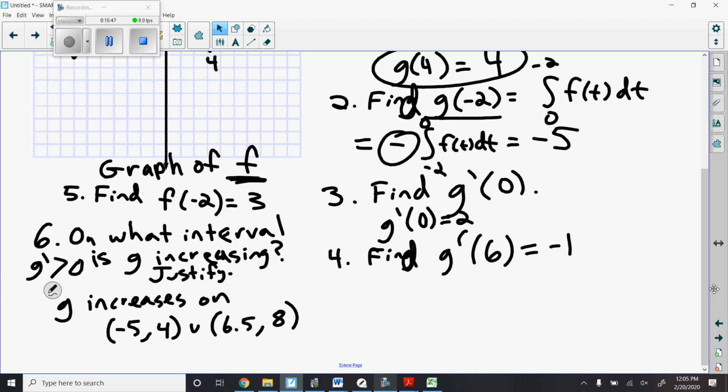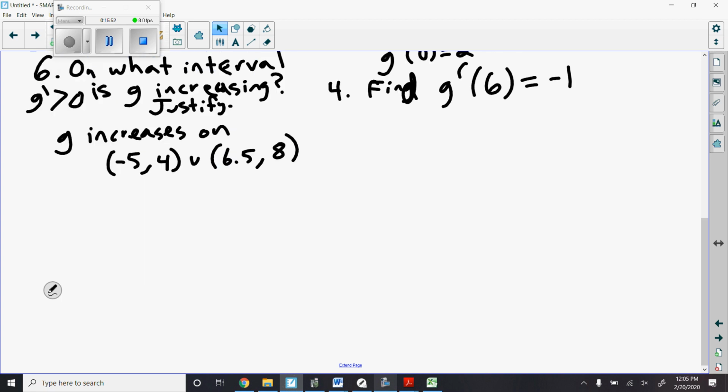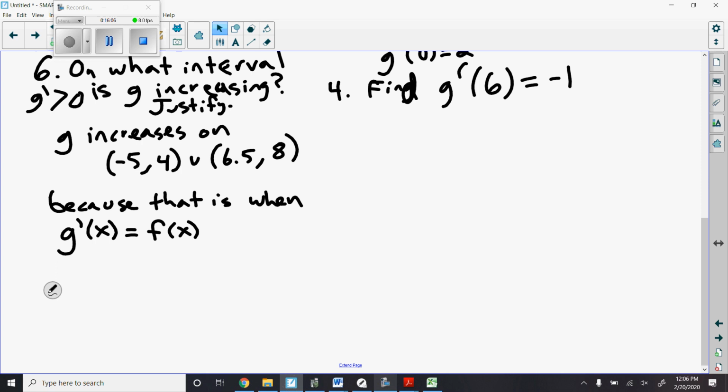So we need to say, because that is when G prime of X equals F of X, our graph is positive, is greater than 0. And instead of writing is positive, you're welcome to say is greater than 0.